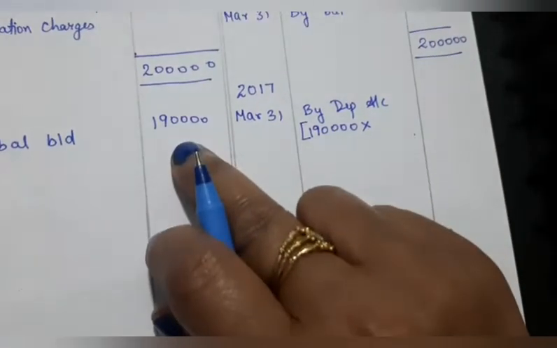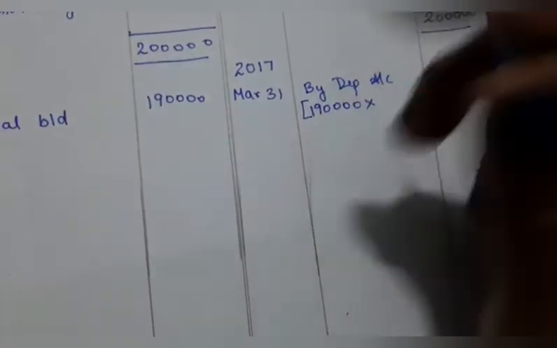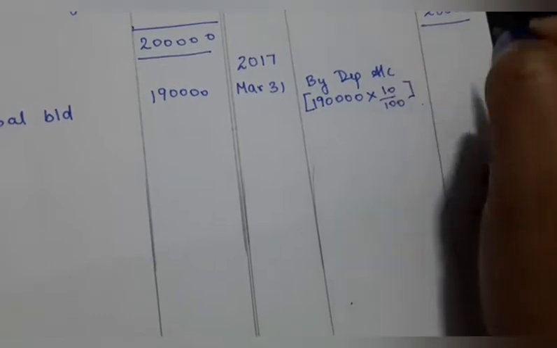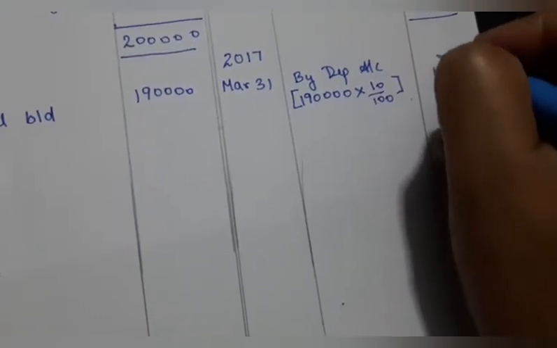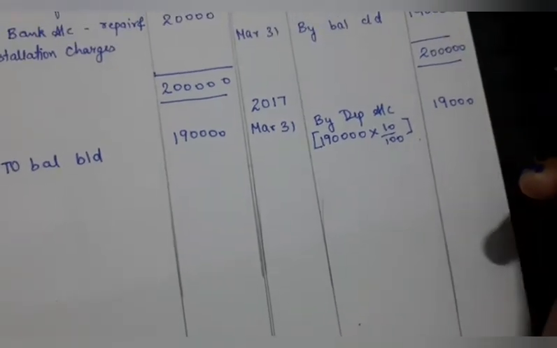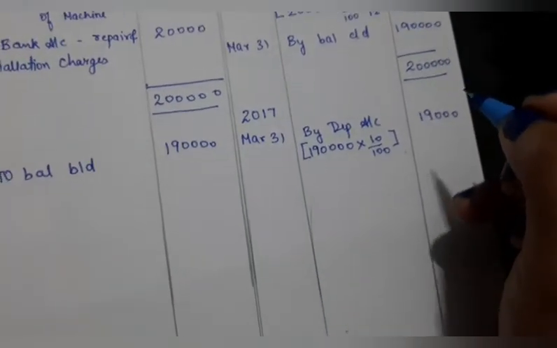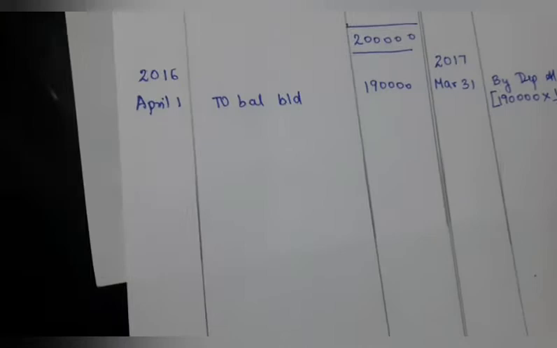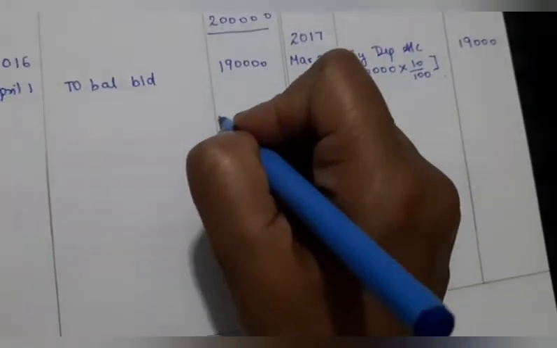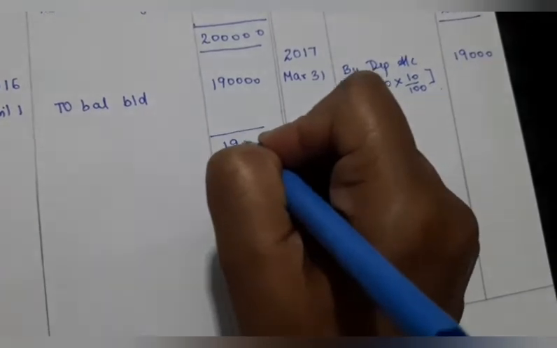But in the written down value method or diminishing balance method, you have to charge the depreciation on the balance you got in that particular year. So you got the balance 1,90,000. On 1,90,000, 10% has to be calculated. That is the rate of depreciation. So you will get 19,000 as the depreciation of that accounting period. Now let us close this account. Okay, when we close this account, you will get 1,90,000.